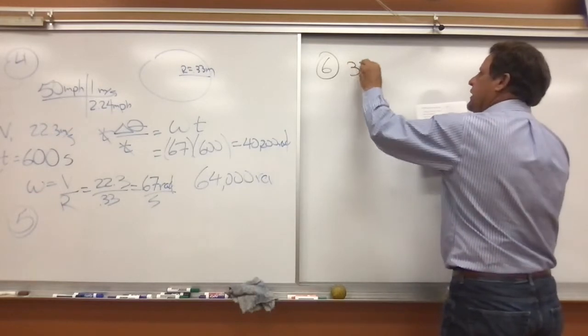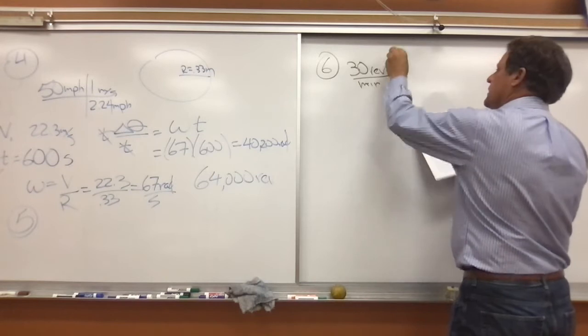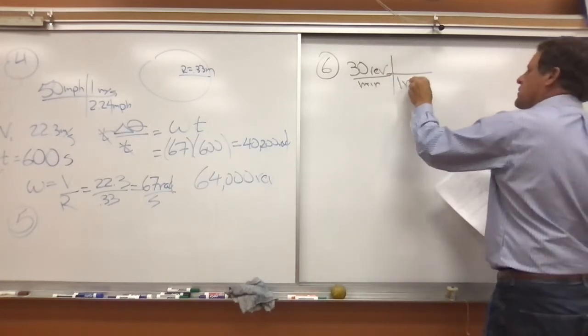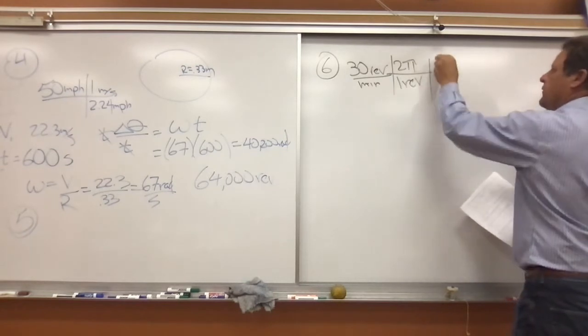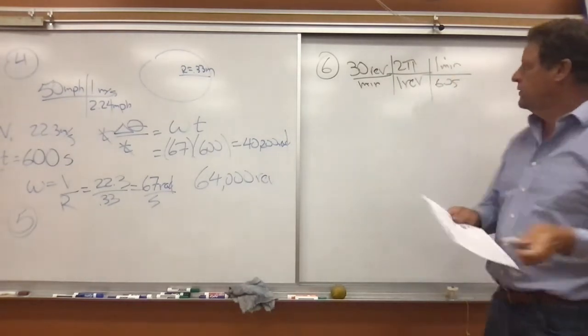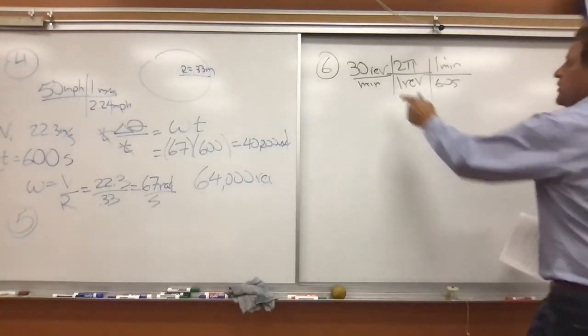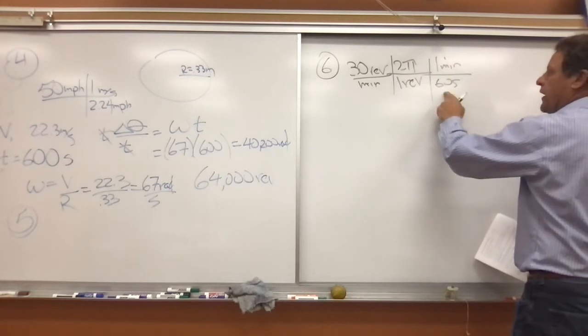So 30 revolutions per minute. And for every 1 revolution, we're going to have 2 pi radians. And for every 1 minute, we're going to have 60 seconds. So this 30 over 60 is going to be a half, and 2 divided by half is 4.